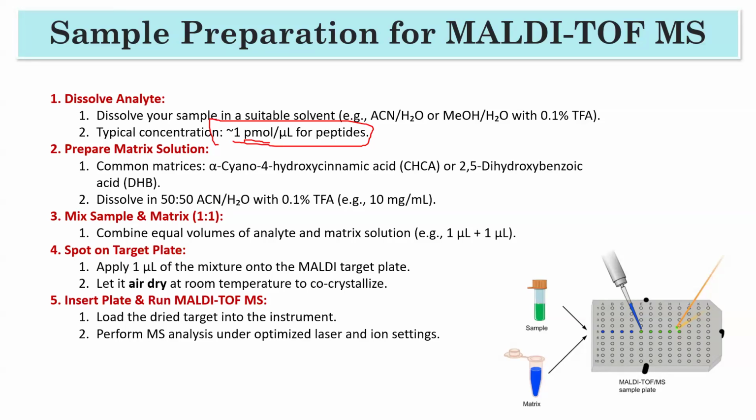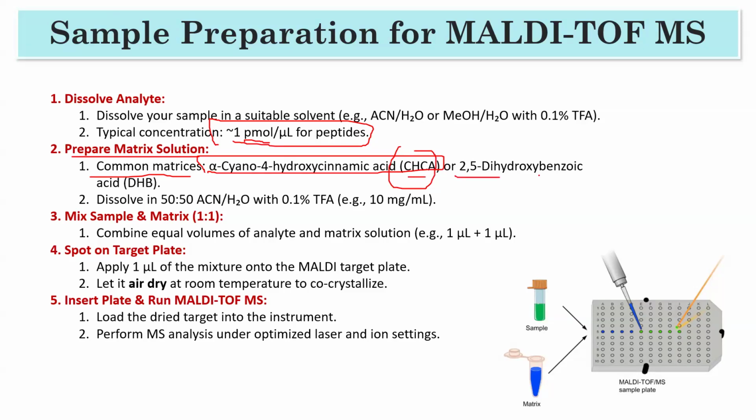It's very dilute, because we don't want too much for mass analysis. We don't need too much sample. Then you can have the matrix solution. How to make that matrix solution? Suppose we use alpha-cyano-4-hydroxycinnamic acid, CHCA. You can just buy this from Sigma or TCI, so it's very easy.